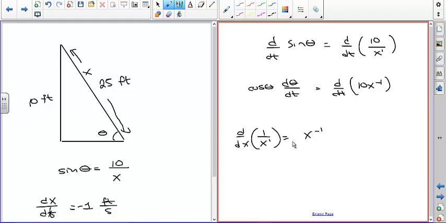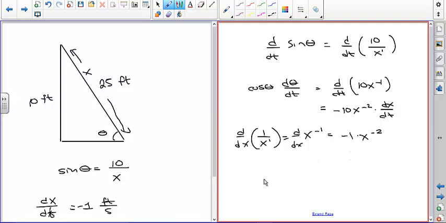So I've got to rewrite this. The derivative with respect to x of x to the minus 1 power is just going to be negative 1, the exponent, times x to the minus 2 power. So what do you think I should put up here? Negative 10, x to the minus 2 times dx dt.